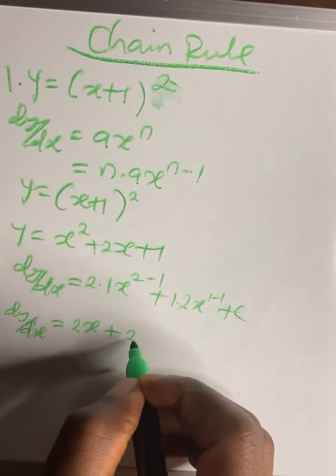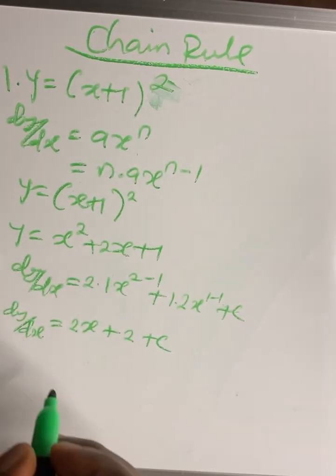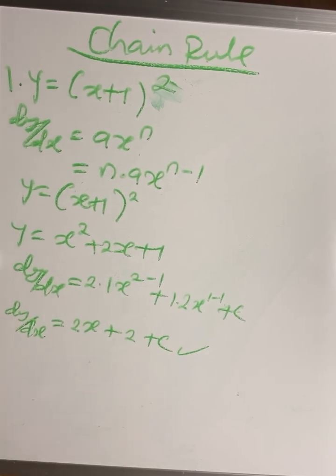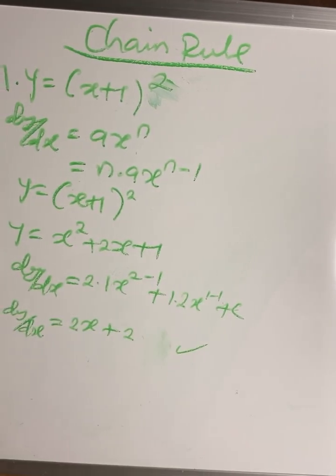So this 2 multiplied by 1 is still 2, plus c. So this is the answer. The dy dx is 2x plus 2 plus c. Or you can even leave this c, leave it this way.